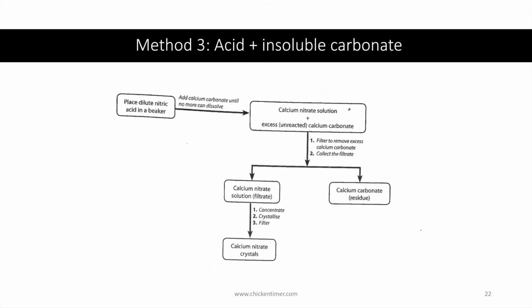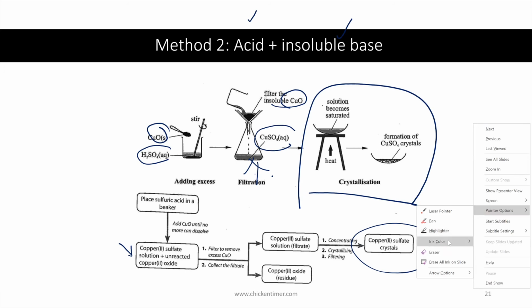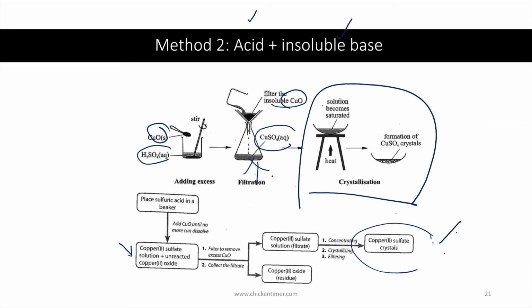Acid and insoluble carbonate is the same as acid and the base. So we can make use of the diagram here again. If it's a carbonate, so what happened is you will use copper carbonate.